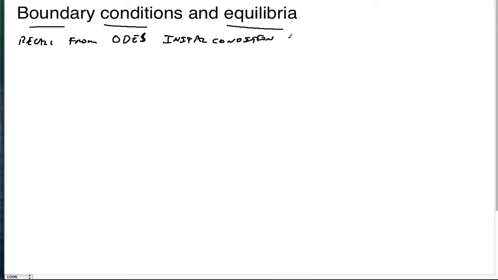And that was able to determine a unique solution to an ordinary differential equation, ODE.